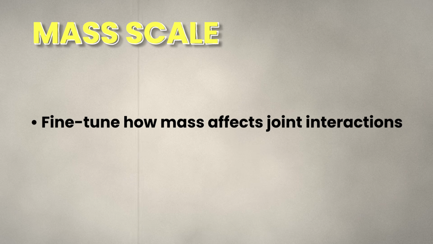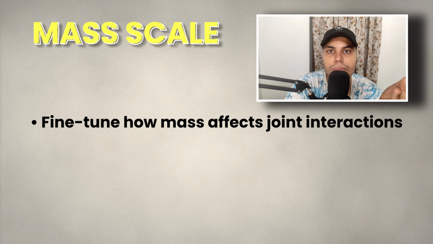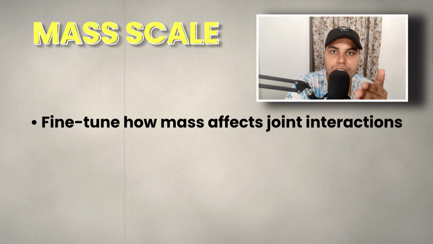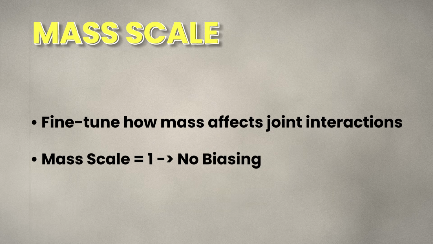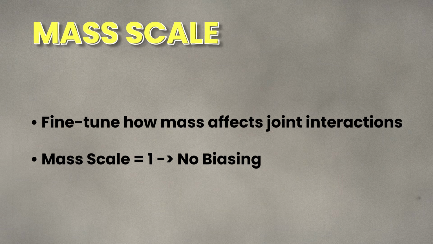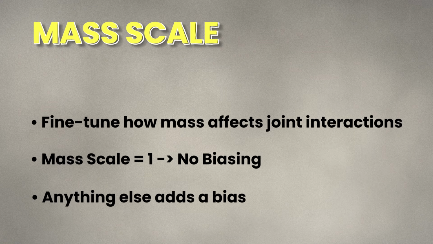They help you fine-tune how mass difference between objects influence their movement and stability. I believe they are used for balancing heavy and light objects in a joint setup. Setting it to 1 means there will be no biasing. It will use the mass in the rigid body for the calculations. Change this to something else to add bias to the laws of physics.